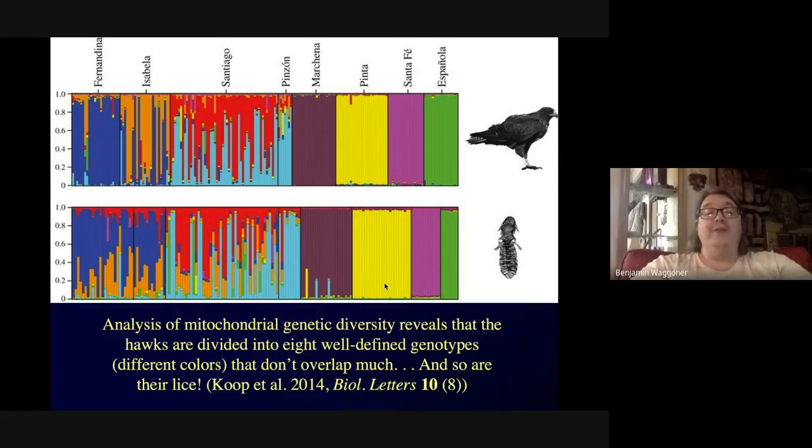So we've got several hawk populations that are genetically distinct from each other and that rarely interbreed and that maybe given time would be becoming separate species. And their lice, it's exactly the same thing. We have several louse populations that are distinct from each other that very rarely interbreed and are on their way to becoming different species.